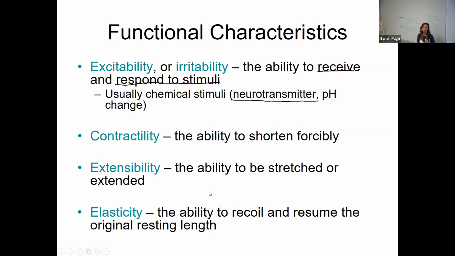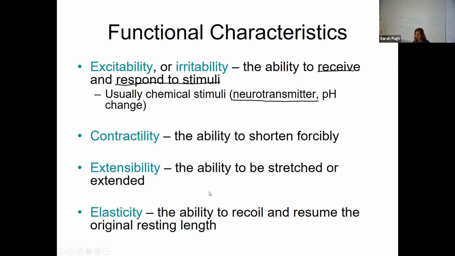Sometimes it happens when we're dehydrated. Sometimes you might get those twitches more often if you're on a certain medication, but changing the pH can also trigger a muscle contraction. And so this is why we say that excitability, or irritability, is the ability to receive and respond to a stimulus, usually a neurotransmitter, but sometimes it can be something else, like a pH change, okay?